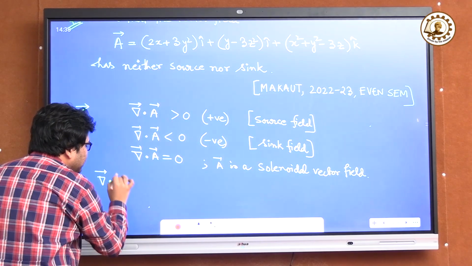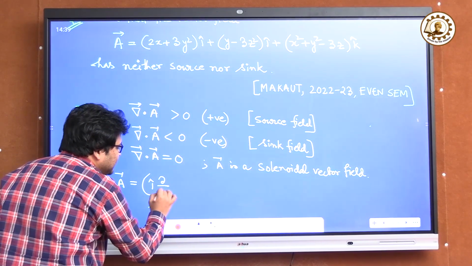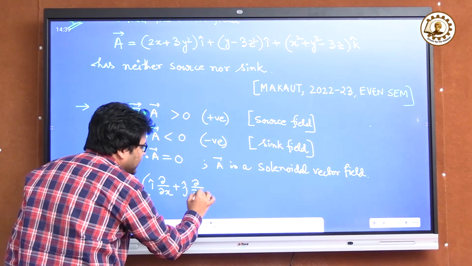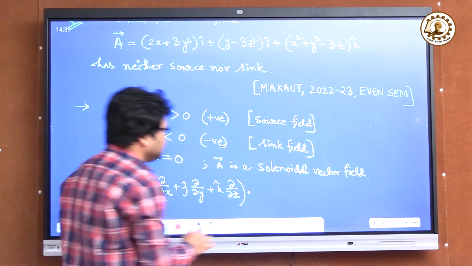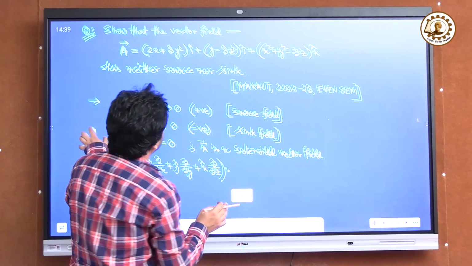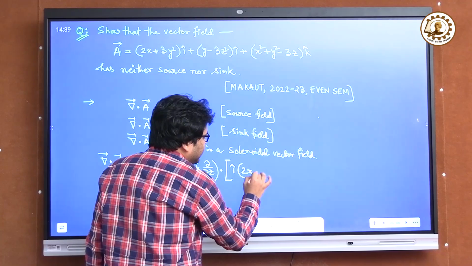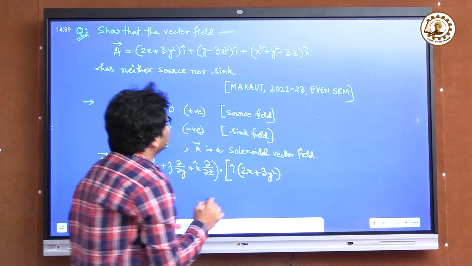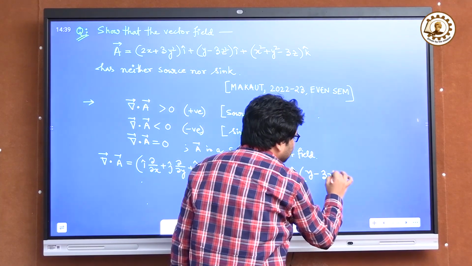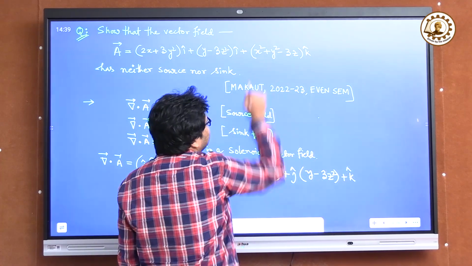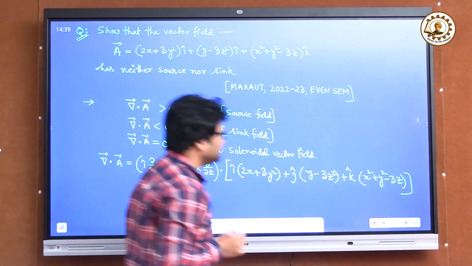Divergence of A vector is equal to (i cap del del x plus j cap del del y plus k cap del del z) dot the given vector, that is, i cap (2x plus 3y square) plus j cap (y minus 3z square) plus k cap (x square plus y square minus 3z).